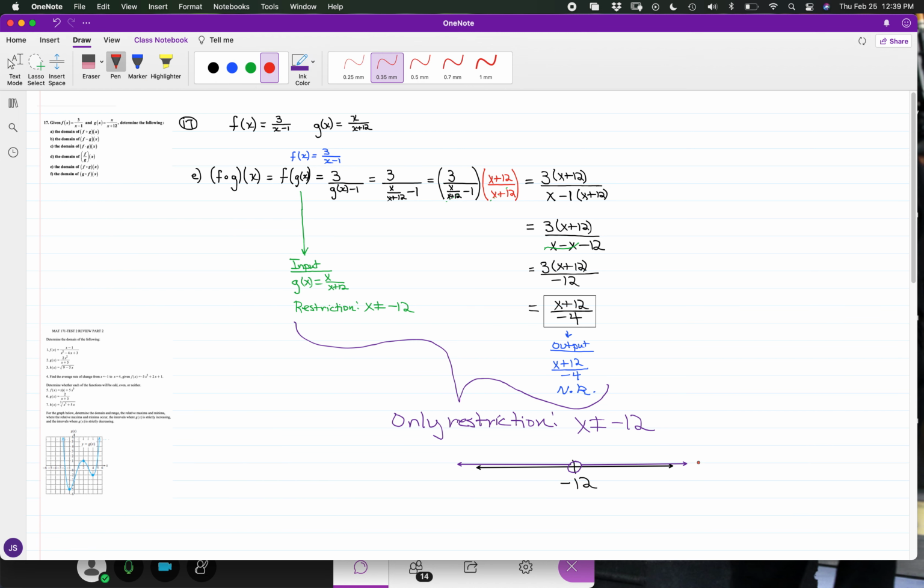So you have continuity on both sides here.